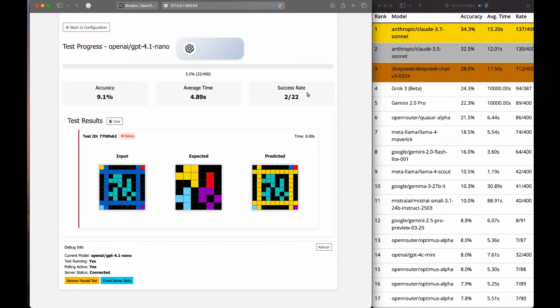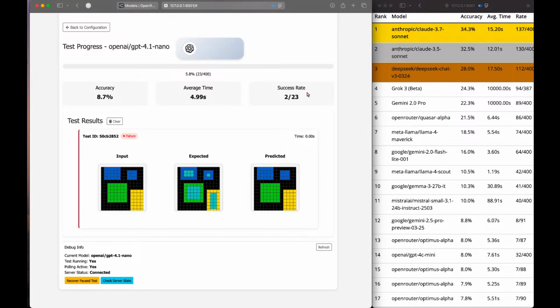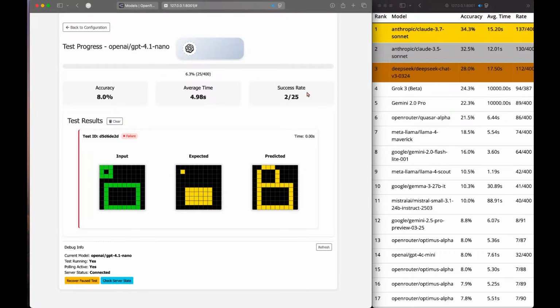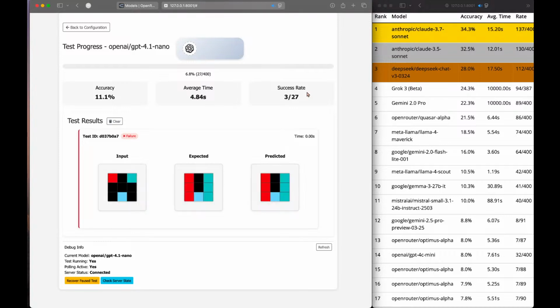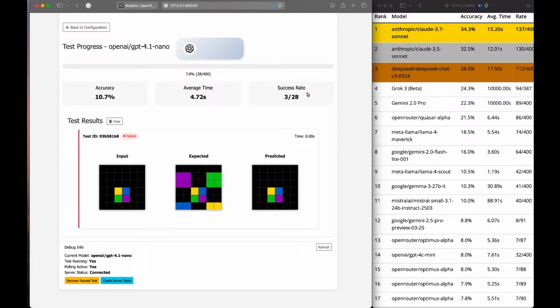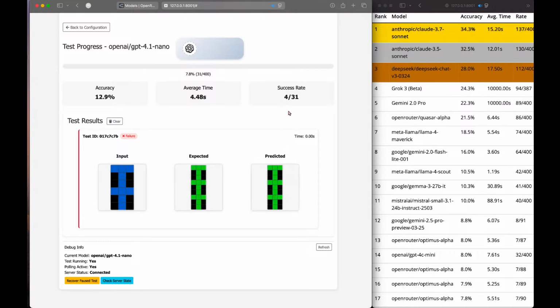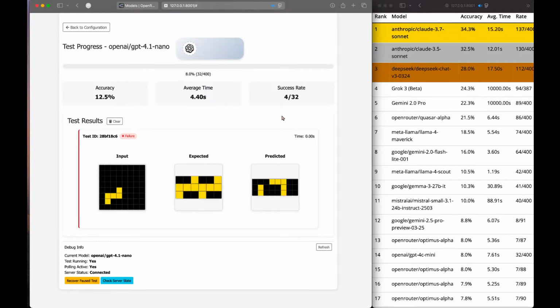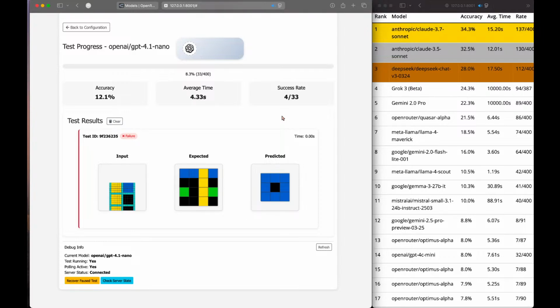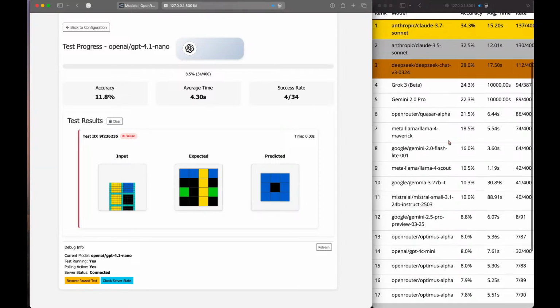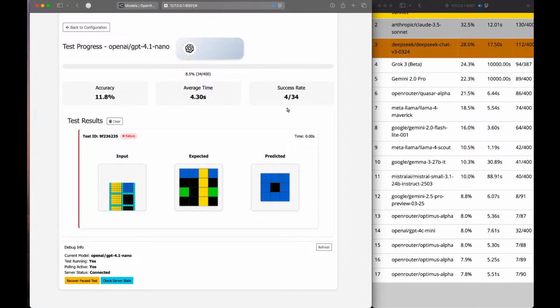But it does have that usual behavior that it is very good in back end coding, getting the physics right and all of that. But when it comes to design and aesthetics, it is not that good. At least I'm saying this based on the testing on Quasar Alpha. That is kind of a beta model, so the 4.1 model is just released. We'll have to wait for that. So let the test go on.